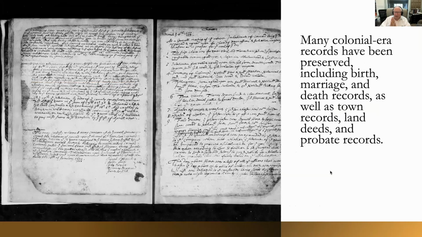Now, the nice thing is that many of the colonial era records have been preserved. There are lots of these records available, and as I mentioned, you'll probably never run out of places to look. It may take you more time than you can devote to any one line of your ancestry. But I think you'll find as you go along that even if you think you've found something that's new or changes things, it will probably be something that is not exactly new.